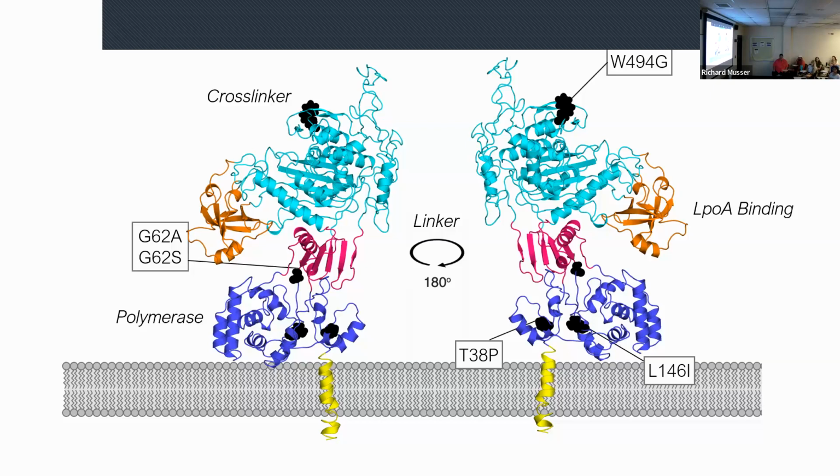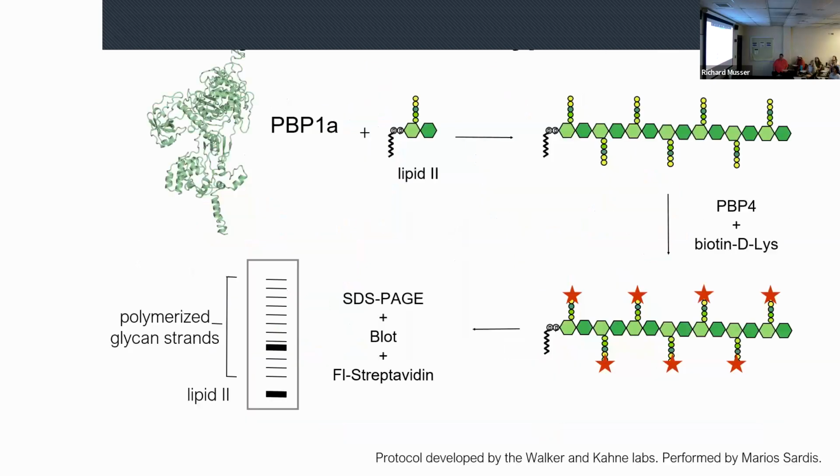And the question now was, how has the activity of PBP1A changed? Because that change in activity is likely reflective of the change in activity that happens after lipo-A binding. So we did two different assays to determine the two different activities of the protein. First, we looked at the polymerization activity. In this assay, we purify the PBP1A protein, or the mutant PBP1A protein, and we give it substrate, the disaccharide subunit.